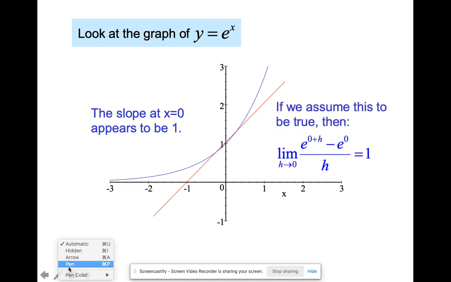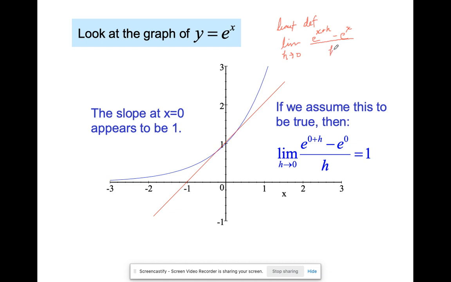If that's true, then look at the limit definition. Remember, the limit definition of a derivative is the limit as delta x, which we call h, approaches 0 of the function at x plus h minus the function, all over h.